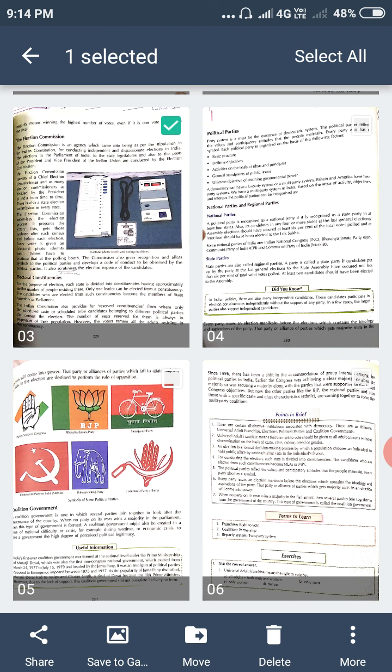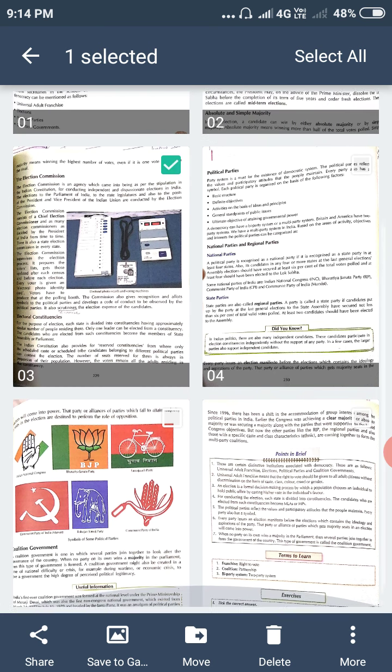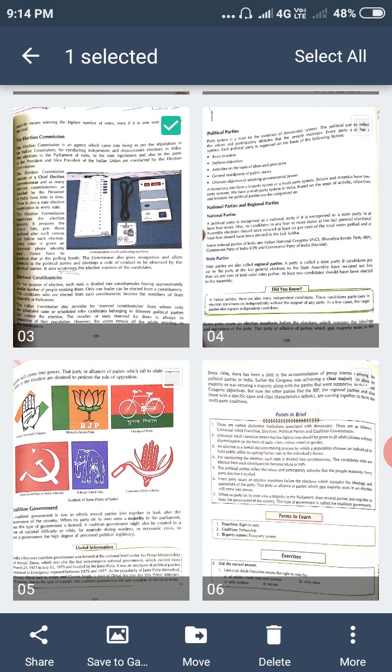So they give their promises, they give their ideologies that what they will do for the welfare of the people and for the welfare of the state if they come into power or if they form the government.